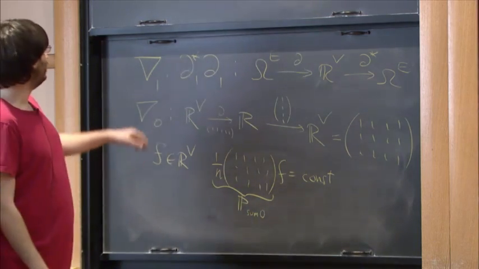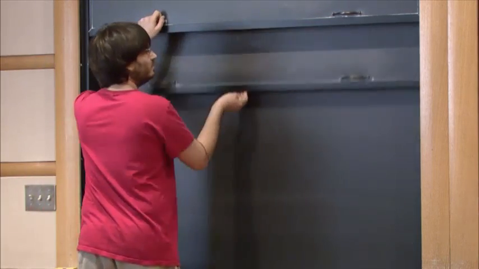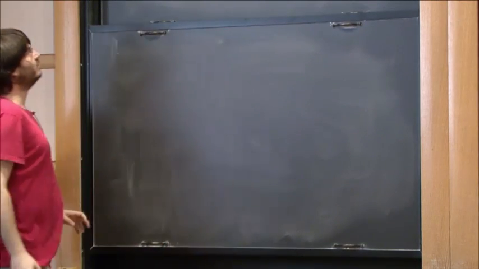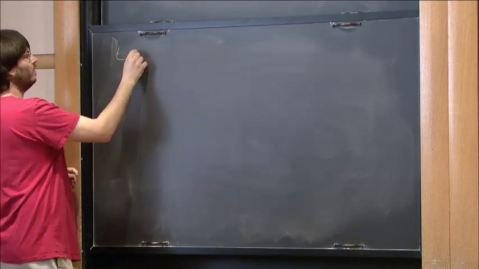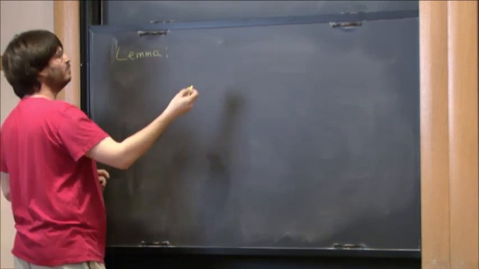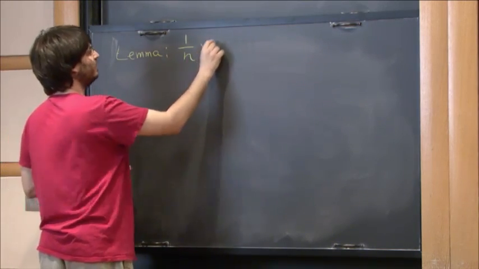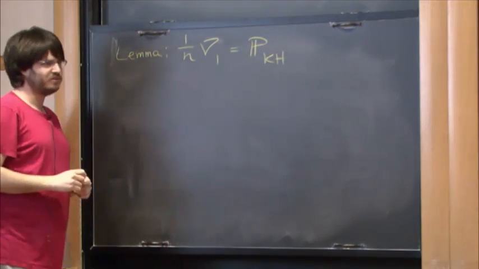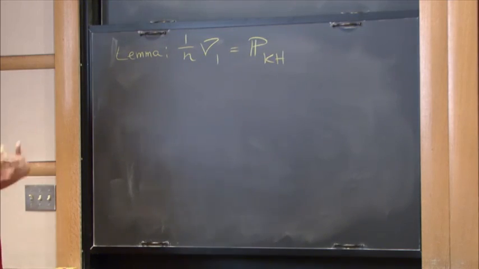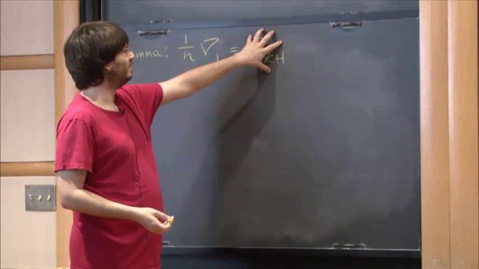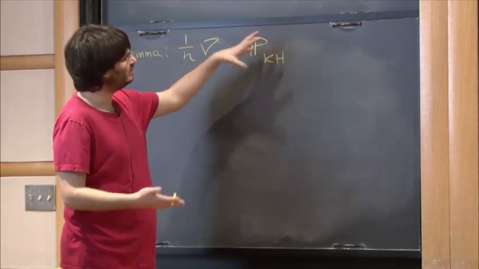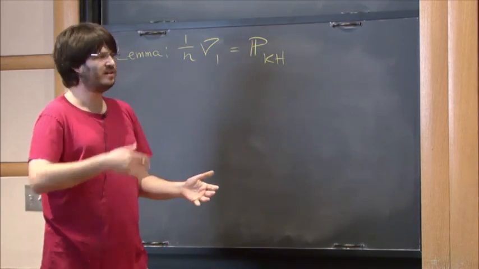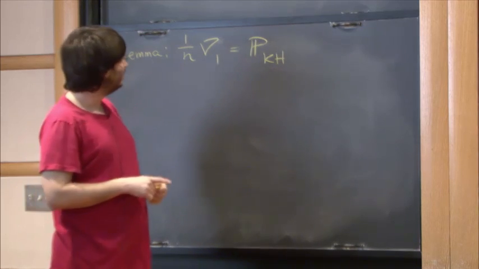So the same happens in general dimensions, if the skeleton is complete. So let's prove this lemma. 1n over delta 1 is the projection on the Kirchhoff. And really, to understand what happens, a lot of the time in all this work, the splitting into Kirchhoff and exact in higher dimension is the challenge.